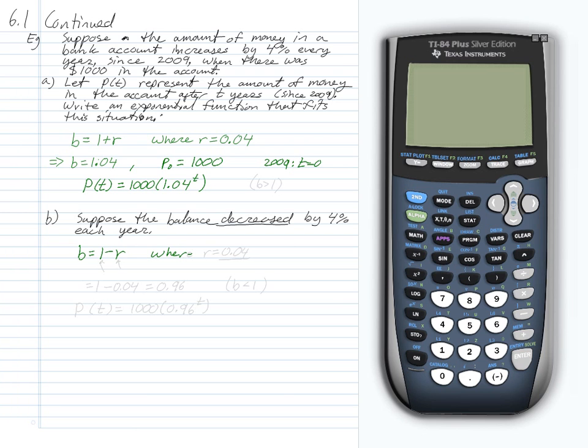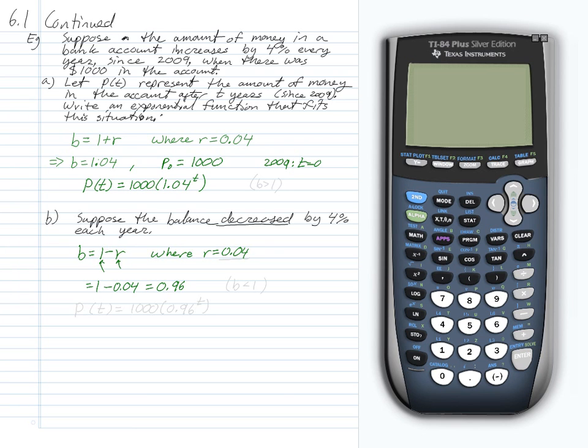In this case, r still equals 4%, but this time we're losing 4%. So we have the 1 there to account for the money that we have, and then we're knocking off 4%, leaving us with 1 minus 0.04, or 0.96.